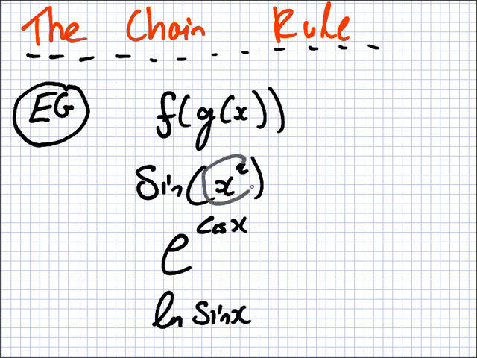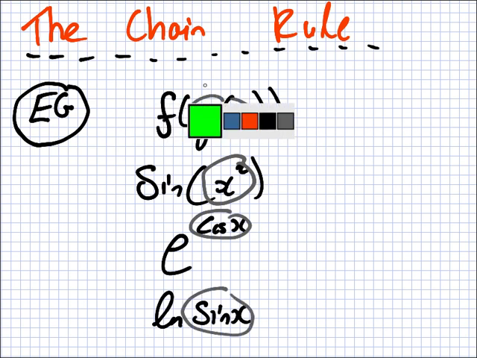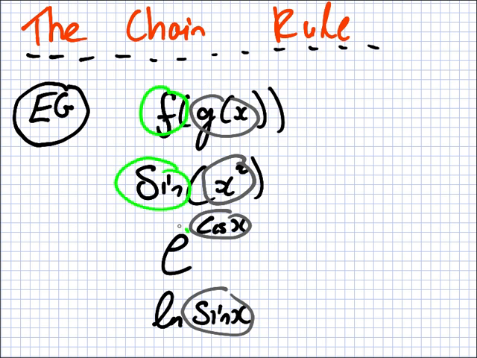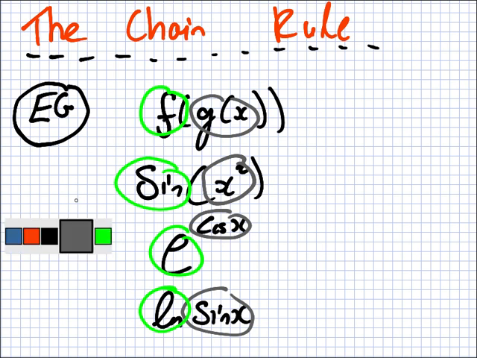You have an inside part, which is like what I call the g, and then you have an outside part, which is like the f, the sine, the e, and the log here. Can you see? So, for example, the rule is, well, I'll show you an example. Here's our first example, example 1.